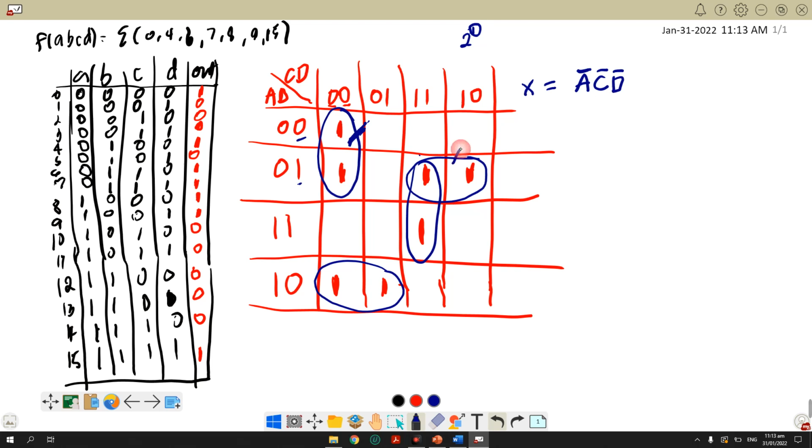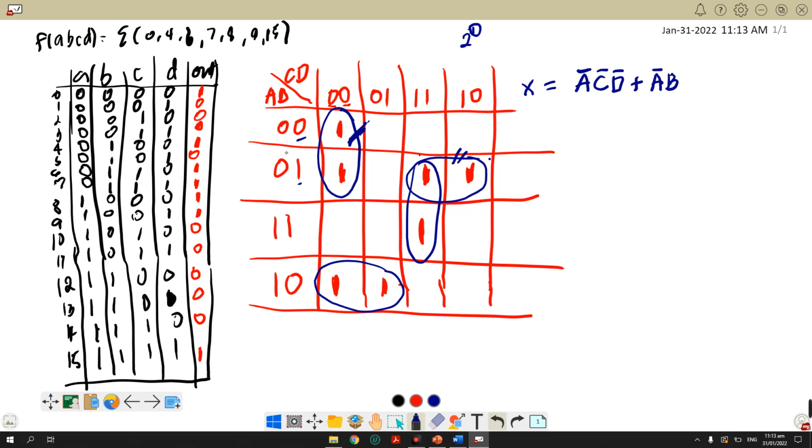How about our second group? So plus second group, what is the term? Our A is not changing, our B is not changing. But since A is 0, we are writing it in its complemented form and B in its true form.